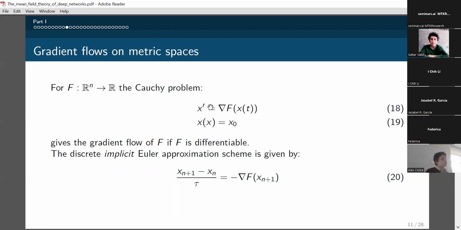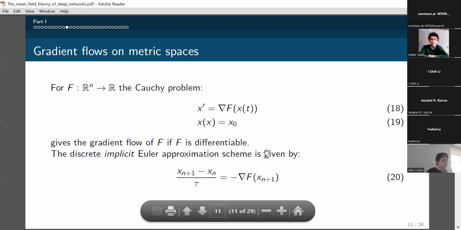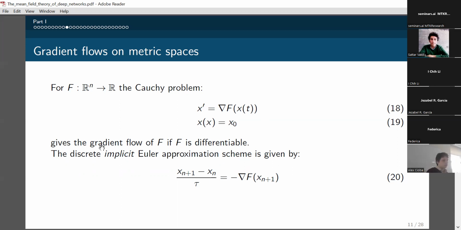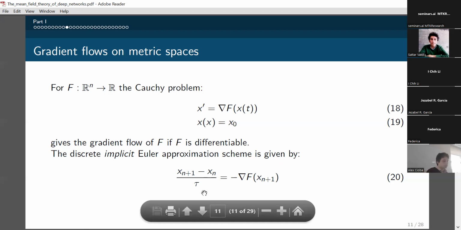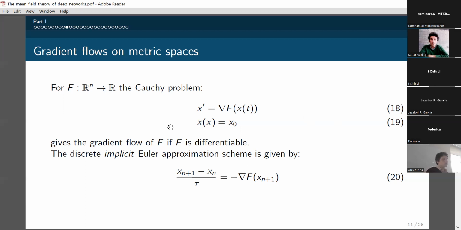The speed of the particle is given by the gradient flow of F at a particular time t with some initial condition, right? The implicit Euler approximation scheme, which looks like what we typically use in machine learning for gradient descent, is given by equation 20. Notice that it's not exactly gradient descent, as that is basically the explicit Euler approximation scheme.